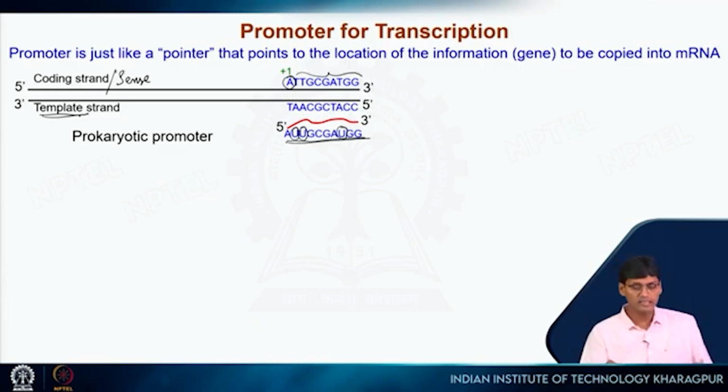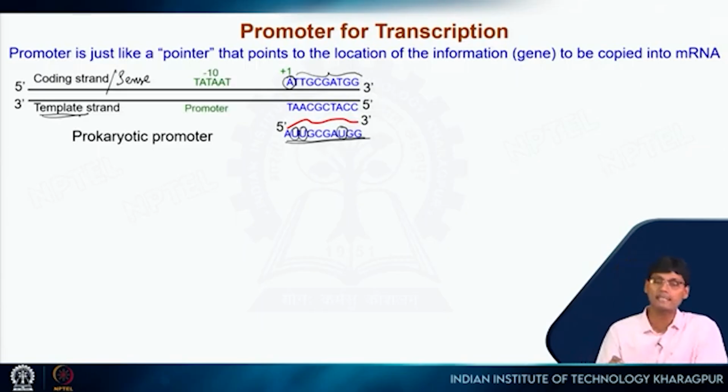So now, where is our promoter present? In case of bacteria, particularly the prokaryotic promoter, approximately at the -10 position, that's why I mentioned which one is +1 and -1 site. At the -10 position, we have some kind of conserved sequence, some kind of consensus sequence.